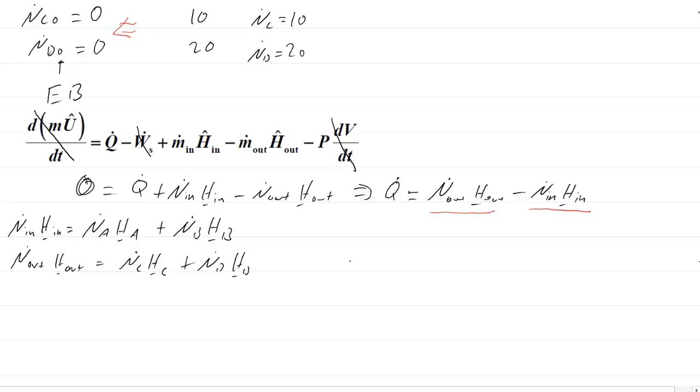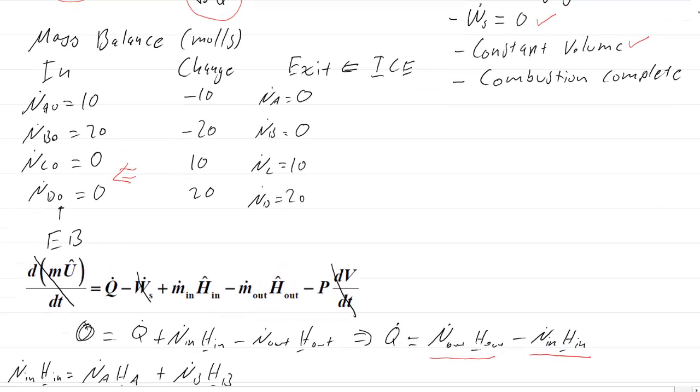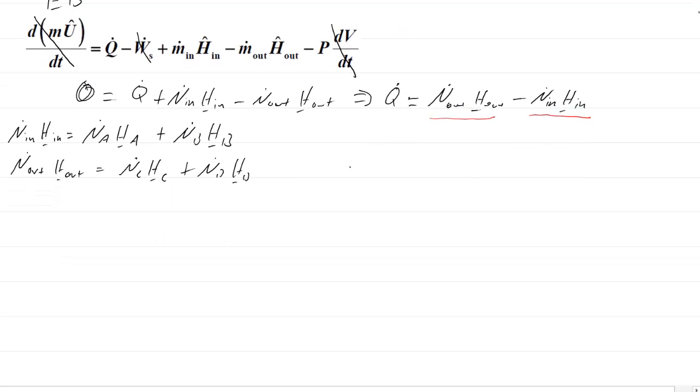Okay, again, if we go back and have a look at our mass balance table, we see that the flow of A and B, so methane and oxygen, at the outlet is 0, so I don't need to include those terms. So now the task becomes, okay, I know the flows, I've already got them from the mass balance table. So now I need to give a reference point for my enthalpies.